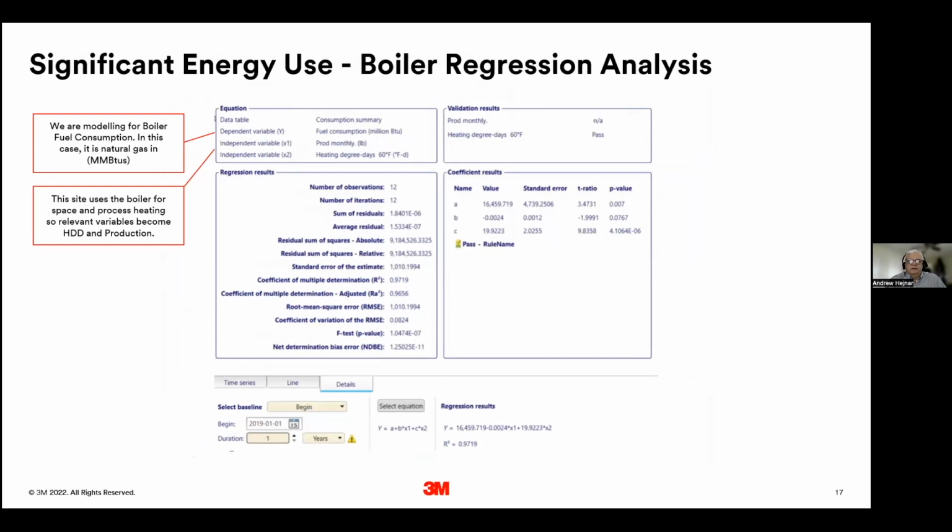As you can see, we modeled boiler fuel consumption in MMBTUs, and the site uses the boiler for space heating and process heating. So that's why heating degree days was used as another relevant variable for this analysis.